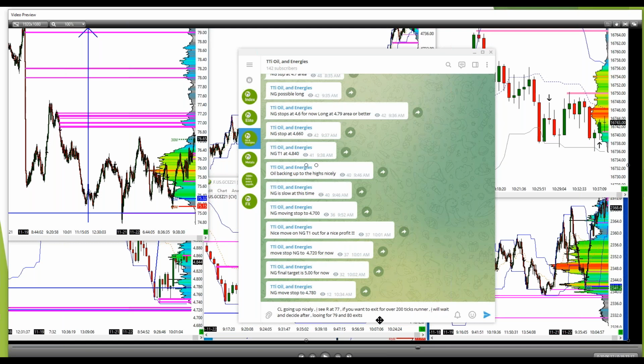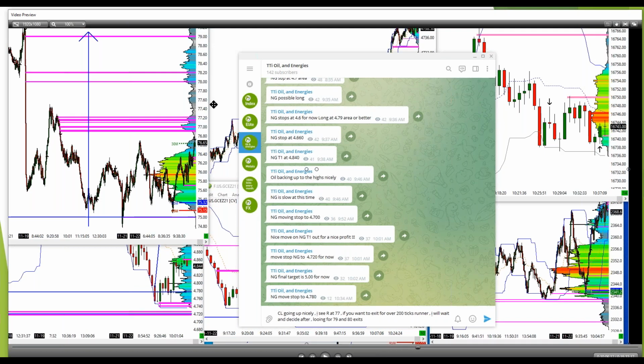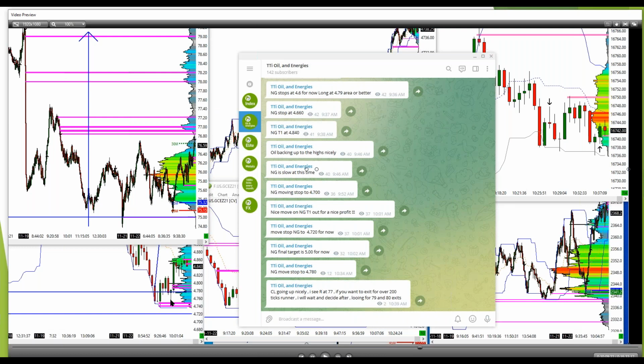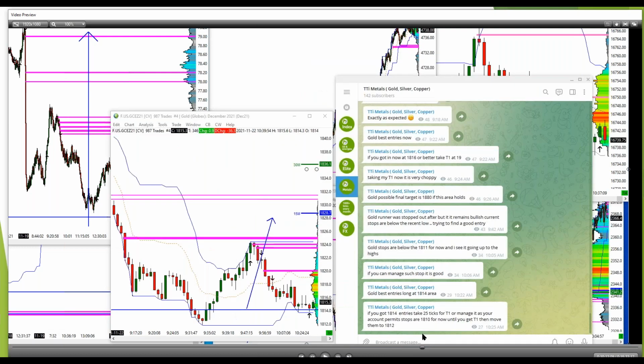So that is 200 ticks, or maybe more, depending on the entry, right? I said, if you want to exit at 77, exit, because I see resistance. I clearly told them, and I showed you what I mean by resistance and support throughout the 40 prior minutes. I told you how I look at support and resistance, all related to volume profile.